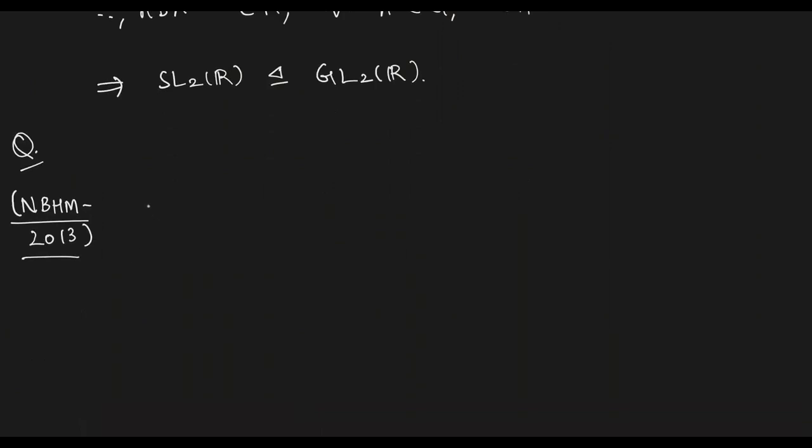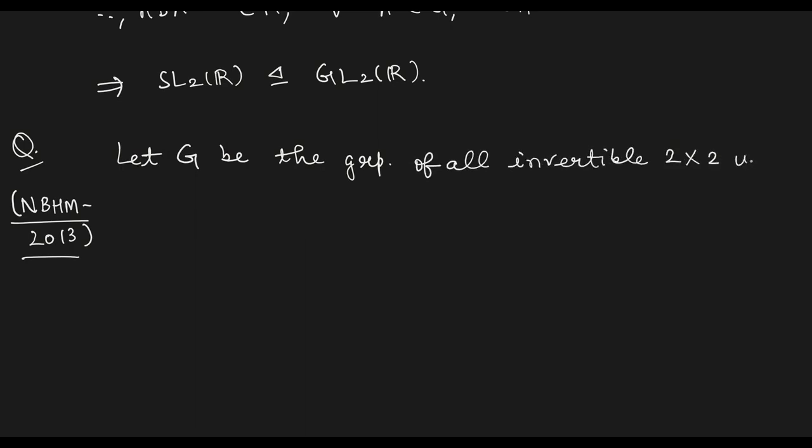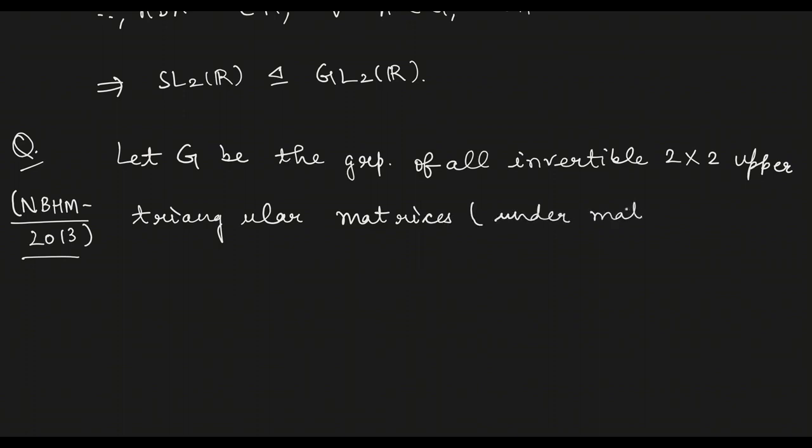Let G be the group of all invertible 2 cross 2 upper triangular matrices under matrix multiplication.